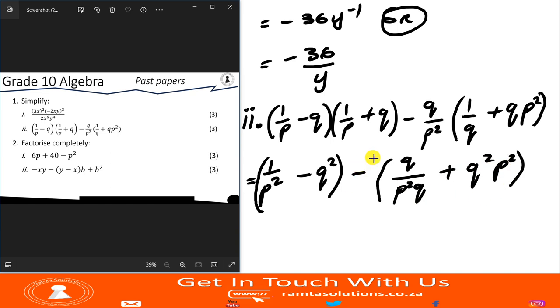Right? So we then proceed and say, okay, 1 over p squared minus, let me just take it a bit down, 1 over p squared minus, I think I don't like what I did here. Let me just begin with the fraction first. 1 over p squared, much better, minus q squared, right? Minus, here we have 1 over p squared.